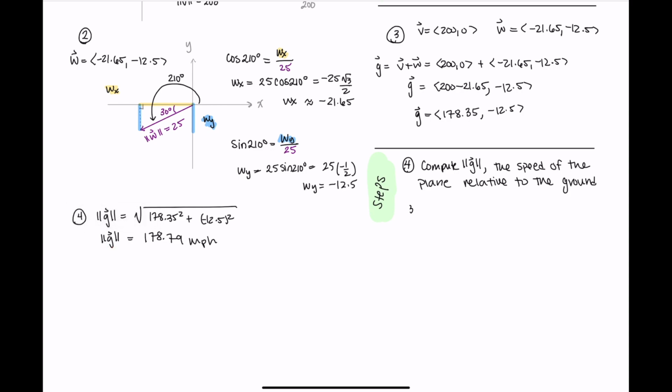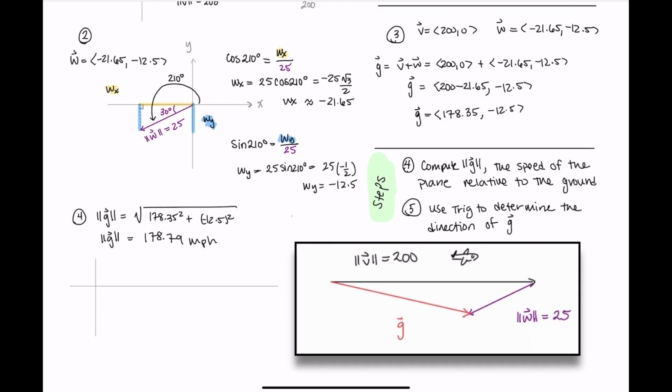All right, so let's now find the direction of vector g, and we're going to need to use trigonometry for this. So we want to use trig to determine the direction of vector g. And again, I'm going to make a sketch. So for my sketch, and I'll start it here, I'm going to keep in mind what vector g looked like originally.